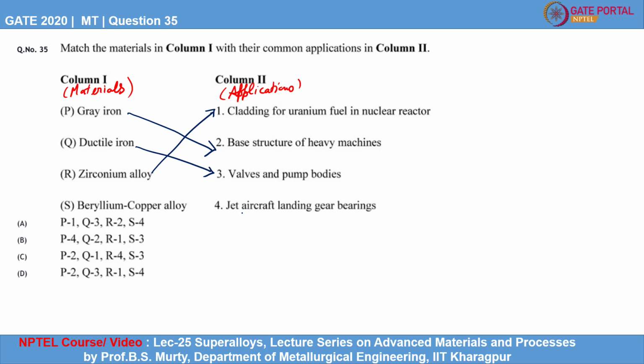Next is jet aircraft landing gear bearings. Now what are the material requirements for an aircraft landing gear bearing? Okay, so such a bearing should be able to handle great compressive and wear forces, because these bearings experience compressive as well as wear forces in an extremely corrosive atmosphere, and they are also exposed to a wide range of temperatures.